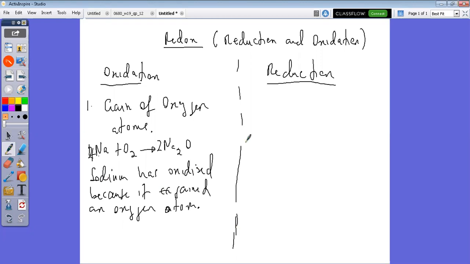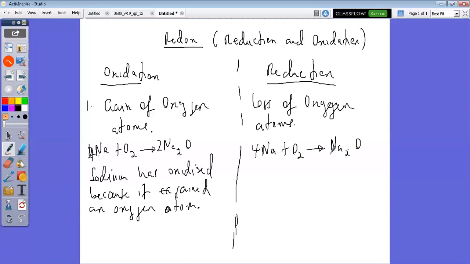Now, let's look at reduction. It is the opposite of this. So it's the loss of oxygen atoms. If you use the same equation, this oxygen molecule, the O2 molecule, has lost what?